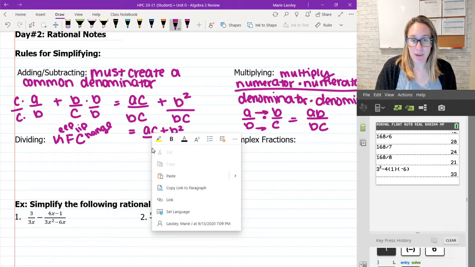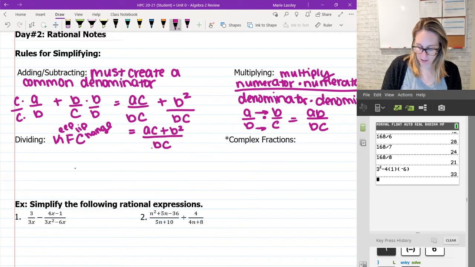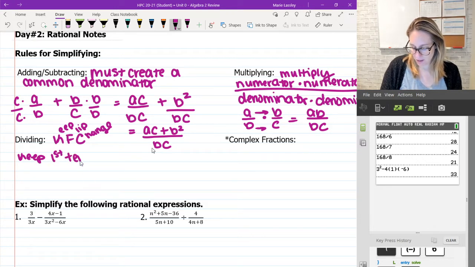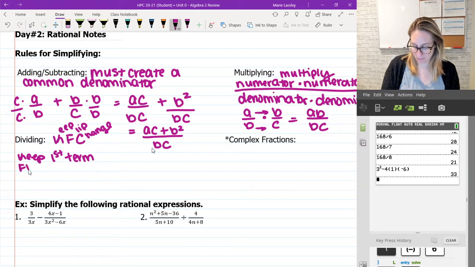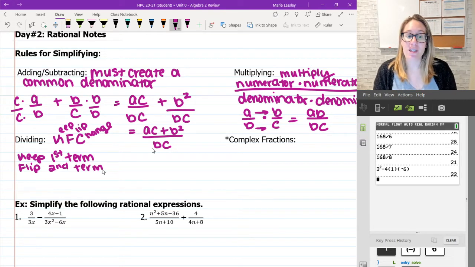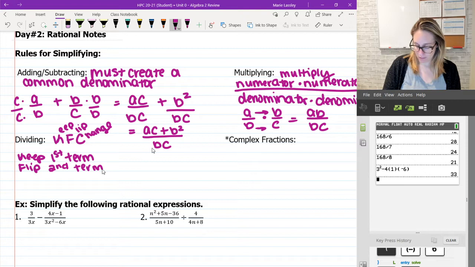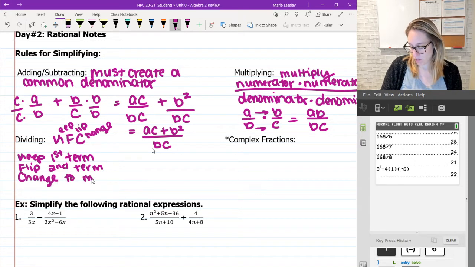You want to keep the first term, flip the second term, and change the division sign to multiplication.